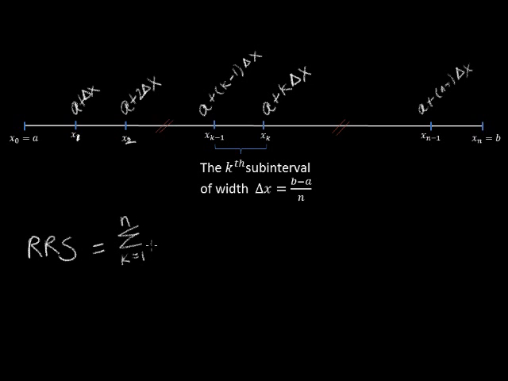So our function would just use f of a plus k jumps of delta x, that's the right endpoint of the kth subinterval, times delta x. And that gives us our right Riemann sum.